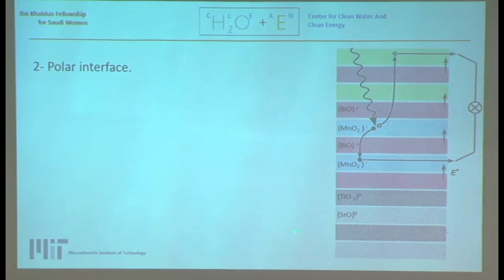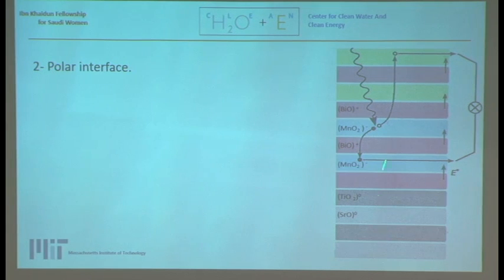reason is that the BMO thin film is a polar interface. The bismuth atom and Mn both have a 3+ valence, while the oxygen is 2-. So that makes the MnO2 layer negatively charged, while the BiO layer is positively charged.